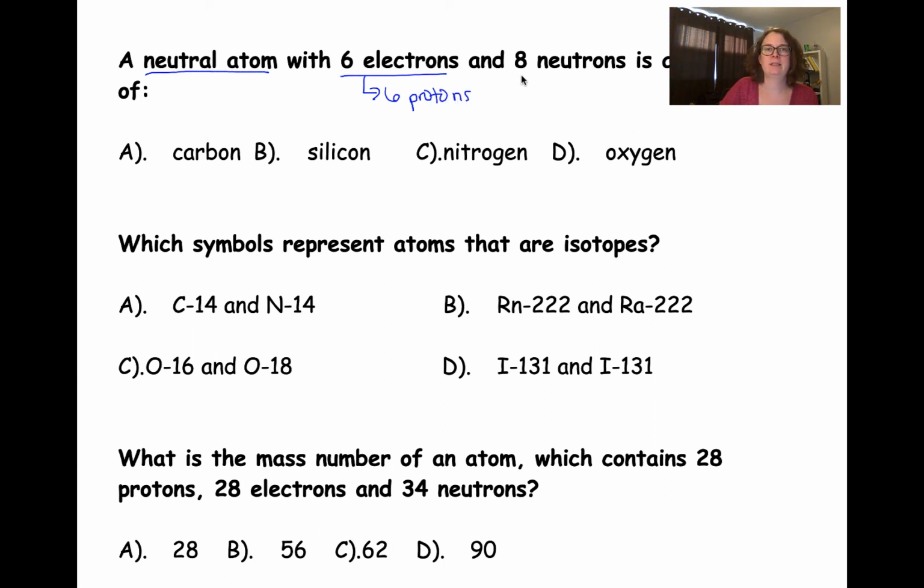And it's giving us the number of neutrons as well. But remember, protons are what identifies an atom. So if we have 6 protons, that means our atomic number is 6, which means we can go to our periodic table and find atomic number 6, and that is going to correlate with carbon. Carbon has 6 protons.